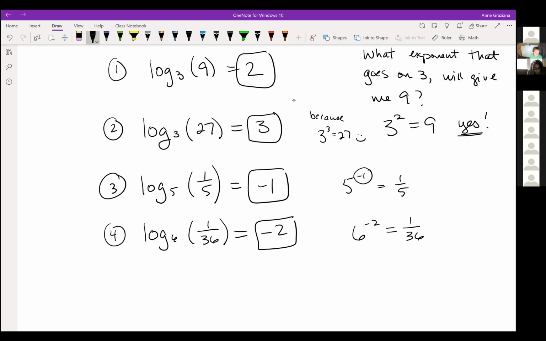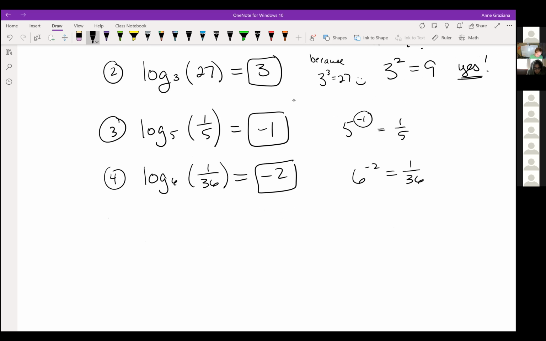All right, how about this one? Log base 1/10 of 100. Would it be -2? Yeah, it's also -2. I just flipped it on you.